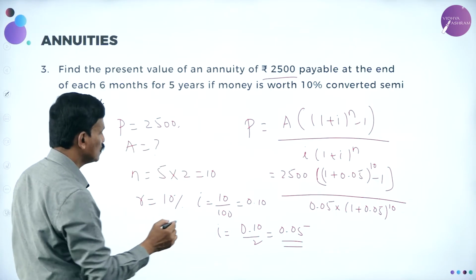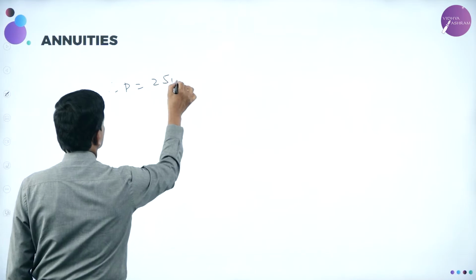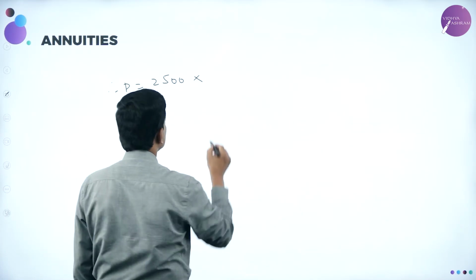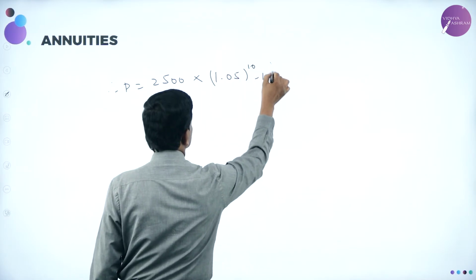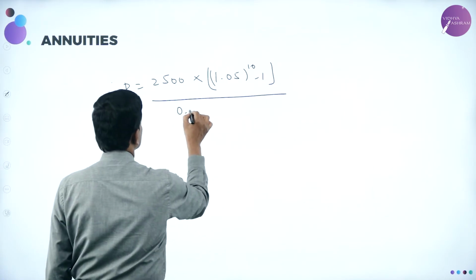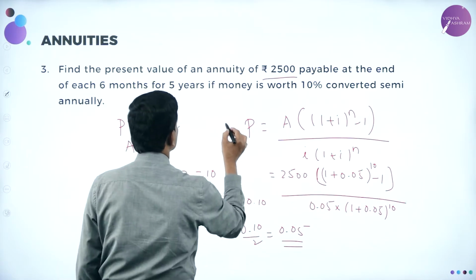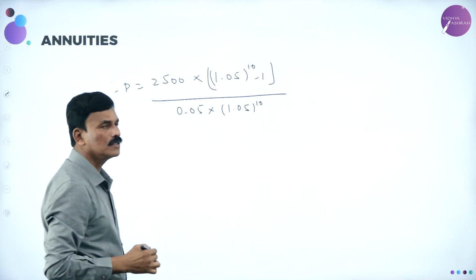Now therefore, what is this? P is equal to 2,500 into 1 plus 0.05, which is 1.05 to the power of 10 minus 1 divided by 0.05 into 1 plus 0.05, which is 1.05 to the power of 10, right?